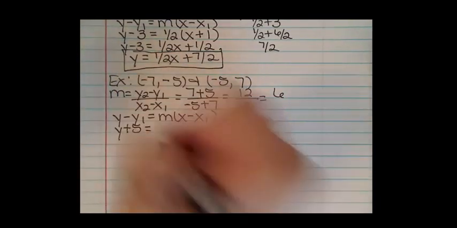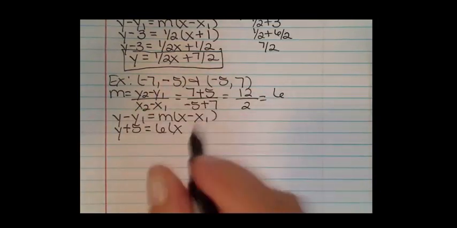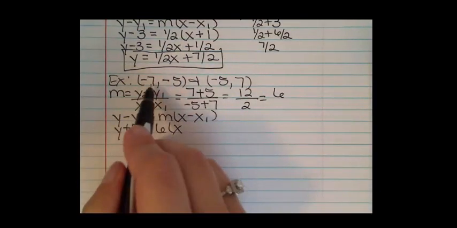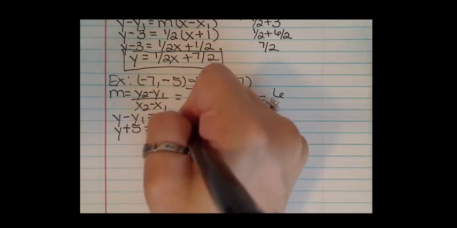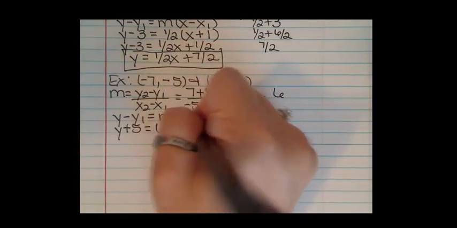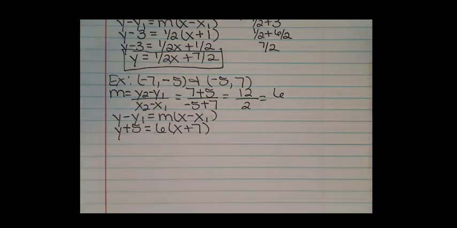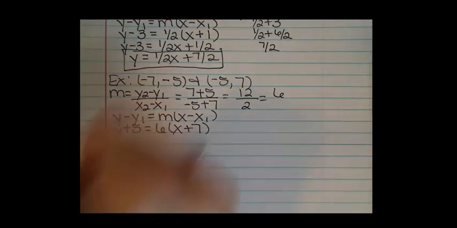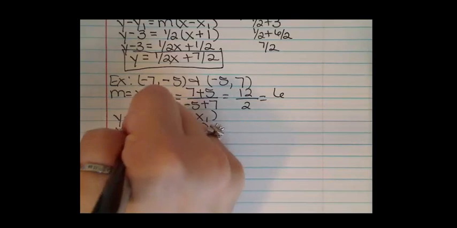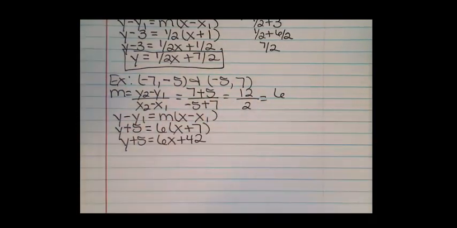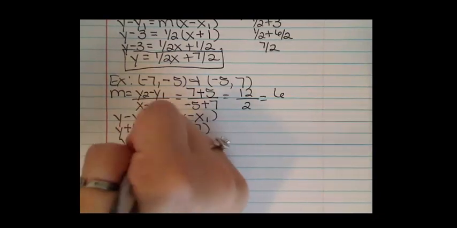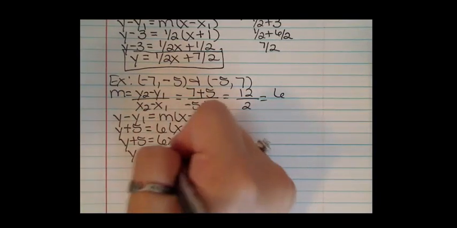So that'll be minus a -7, so it'll be plus 7. Y plus 5, distribute in our 6. Subtract 5 from both sides. And you should get y equals 6x plus 37.